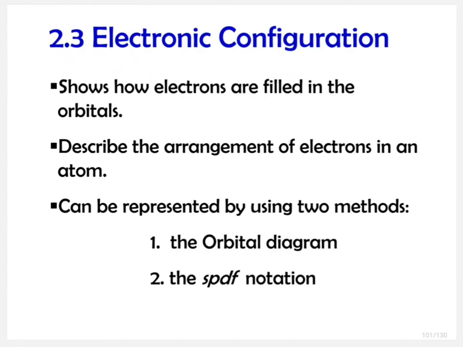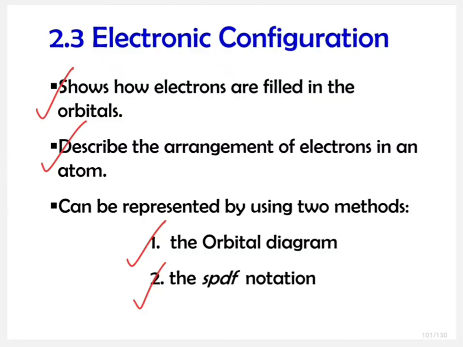So electronic configuration shows how electrons are filled in the orbitals. It also describes the arrangements of electrons in an atom, and we can represent the electronic configuration by using orbital diagram and also spdf notation.